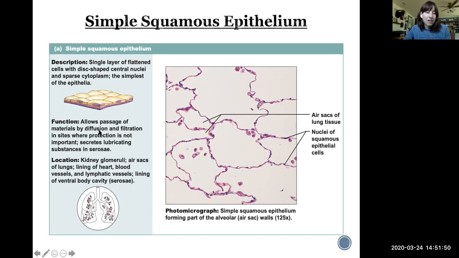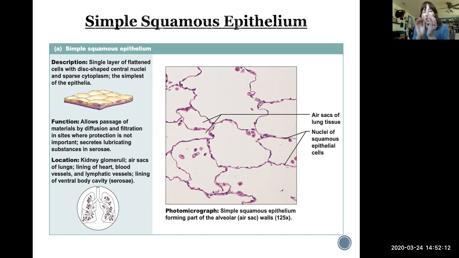So considering the diffusion and filtration functions of simple squamous epithelium, consider where it is found. The kidney glomeruli. This is a really super fun word for a little structure in your kidney.